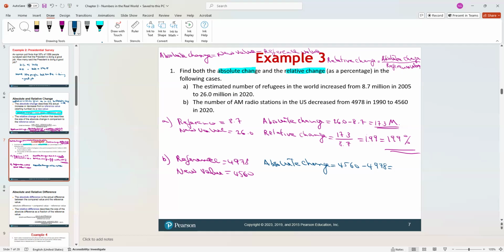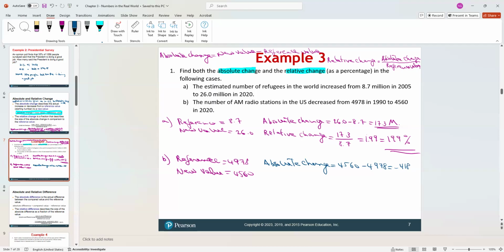Help me with your calculator, please. 4978 minus 5460. So that would give us negative 418 stations, because we said the number of AM stations decreased.